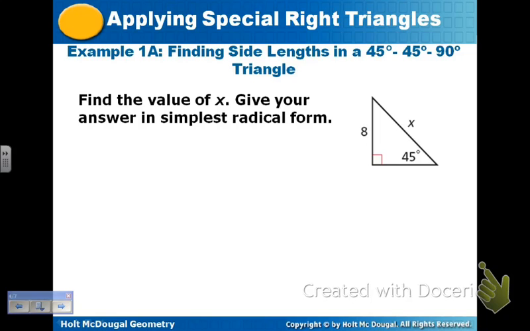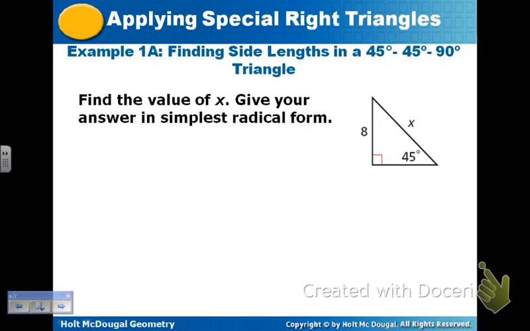Here's our first example. Find the value of x. Give your answer in simplest radical form. Well, since you know that this is a right triangle because of the 90-degree angle, and that one of the two acute angles is 45 degrees, you know that the missing angle must be 45 degrees.